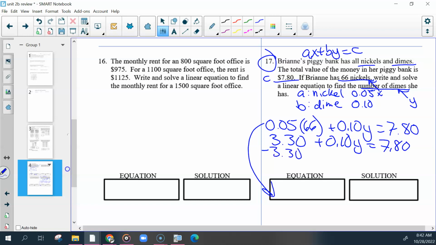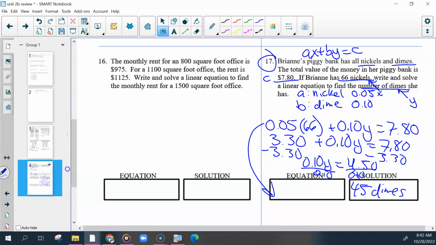You would need to show this work to solve. And then 45 dimes, I think, was your answer.